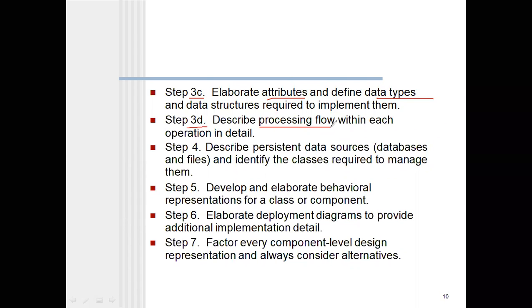At this phase, we are going to represent it in an activity diagram. At this phase you should represent a function in a diagrammatic manner by using an activity diagram, right?